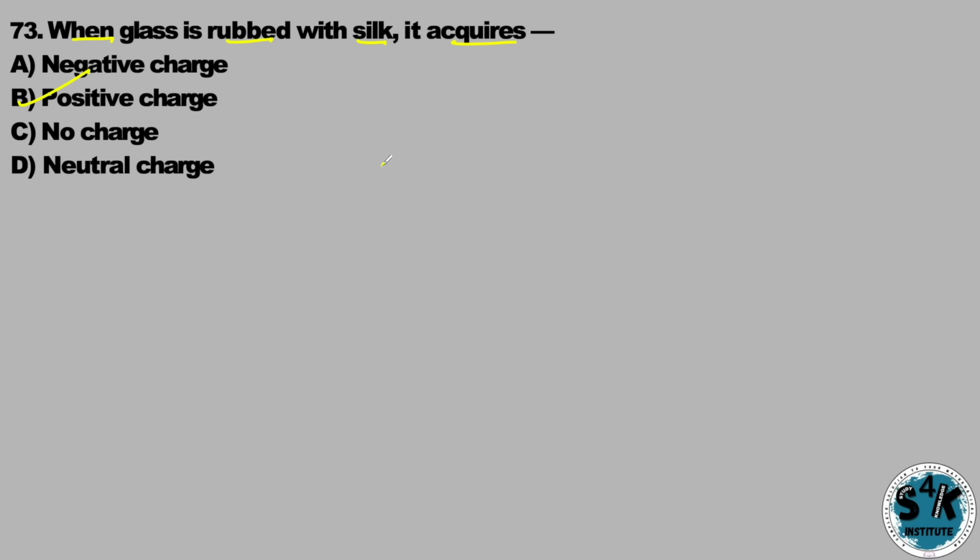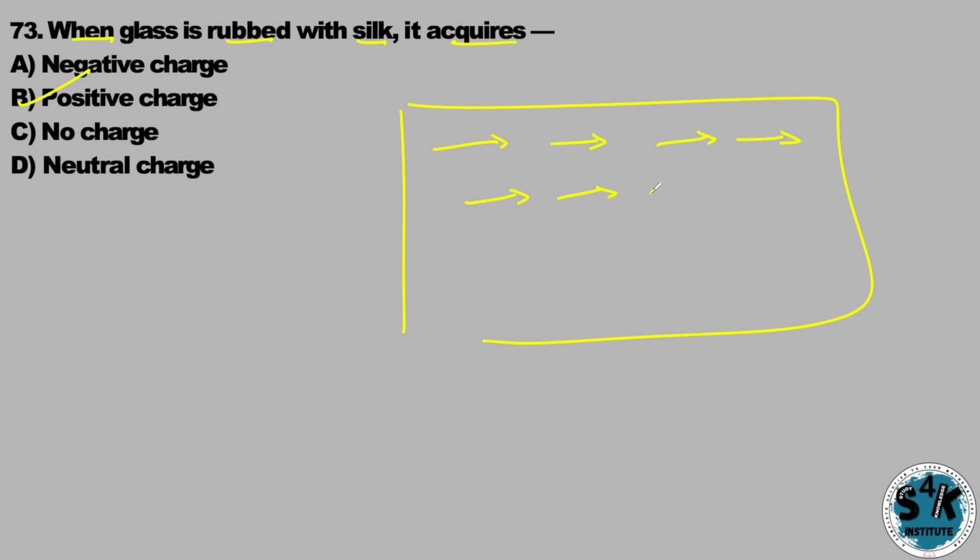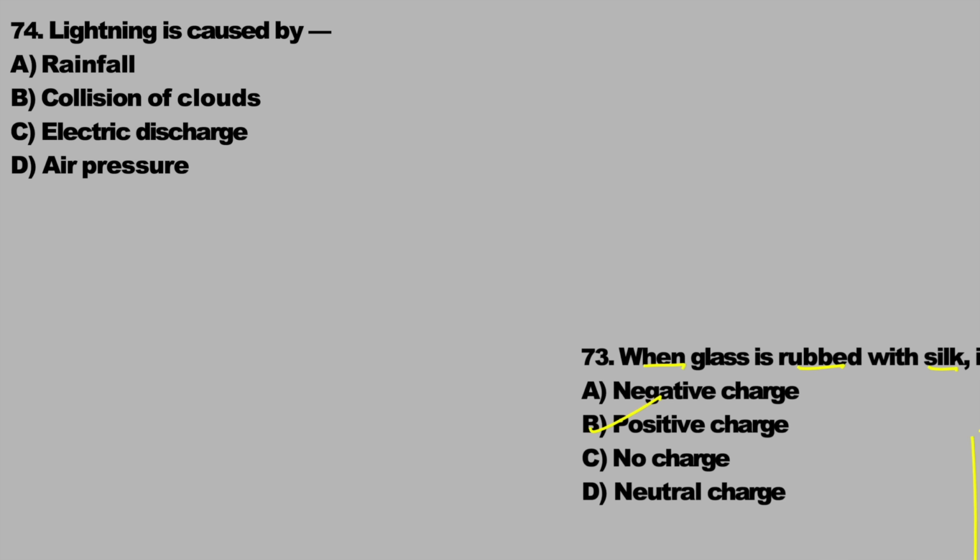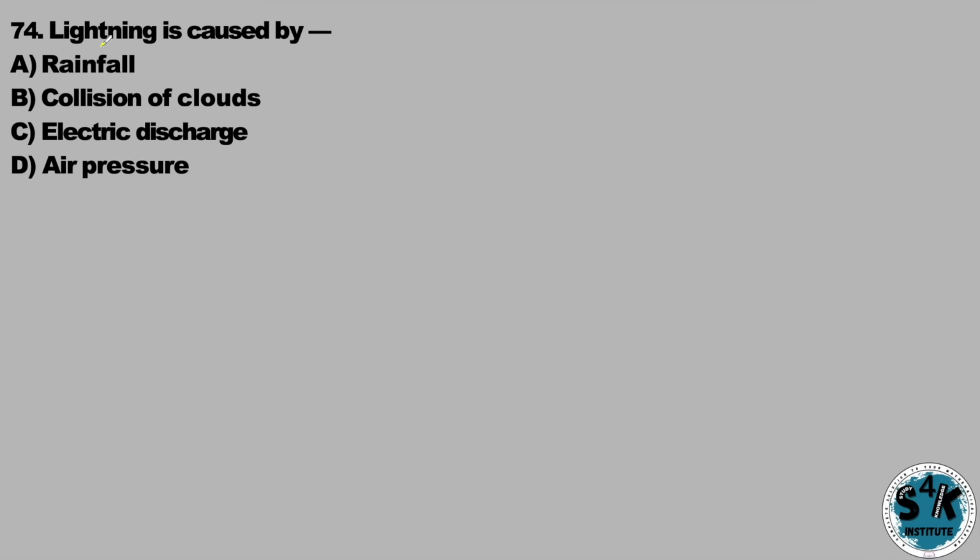There is a table given, so I want you to memorize those things in sequence. The one which comes initially or later has a particular type of charge, so memorize that. That will make these types of questions easier. Lightning is caused by electric discharge. Okay.